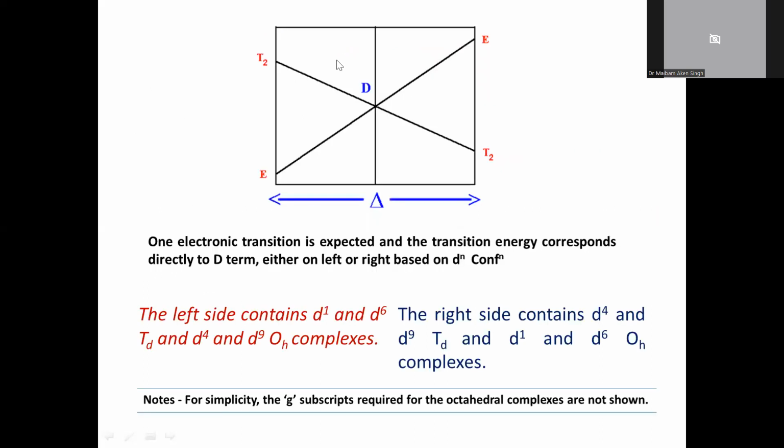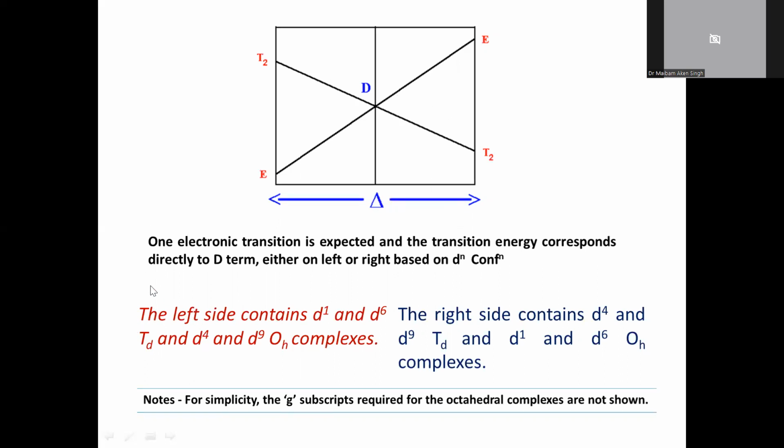So let's see now. This is the D term. This is the center, no ligand field. And after getting the field influence, starting from this, you can go to the left side and the right side. Two types of way, left and right.